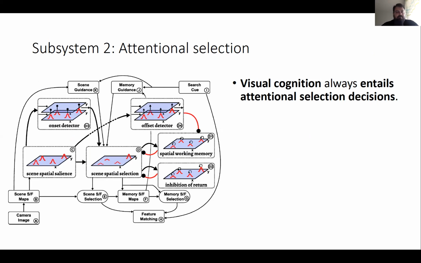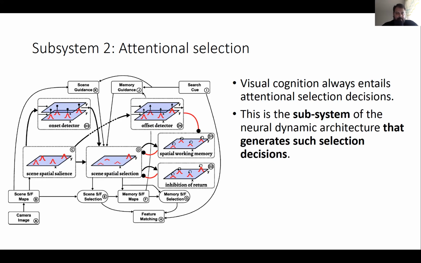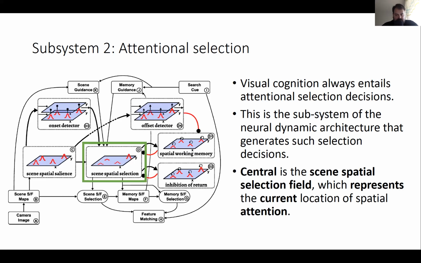Okay, the second subsystem is the attentional selection, since visual cognition always entails attentional selection decisions. This is the subsystem of the neurodynamic architecture that generates such selection decisions. Central is the scene space selection field that represents the current spatial attended location.